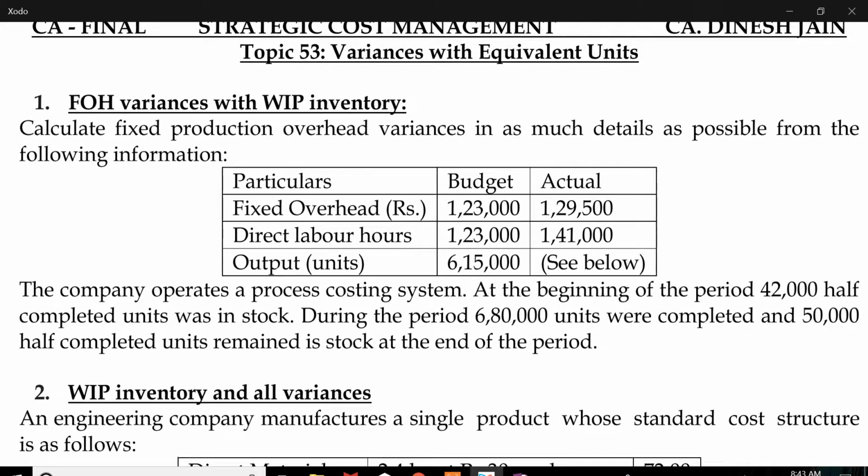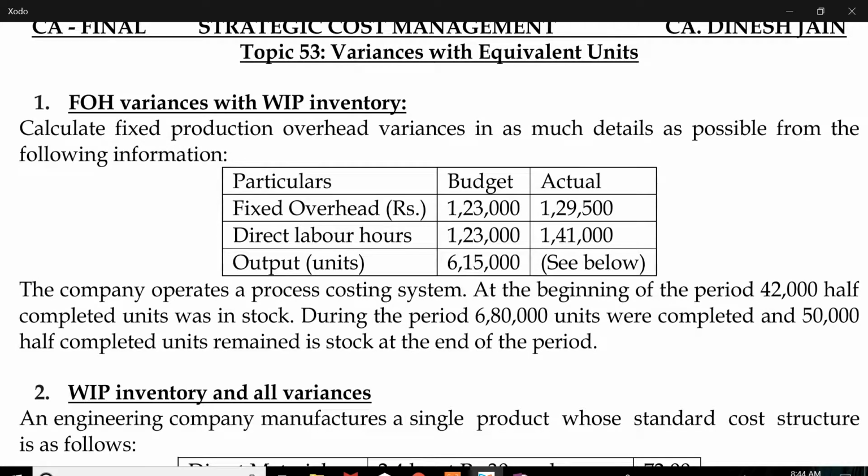Now why that understanding is required is that my actual output when I calculate SQ is going to be different. My actual output when I calculate standard time is going to be different. My actual output when I calculate standard time for variable overheads is going to be different, because all of this will depend on actual output, and that actual output can be different under process costing. Here this problem is only on fixed overhead variances.